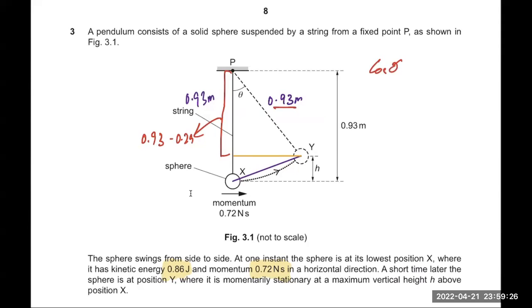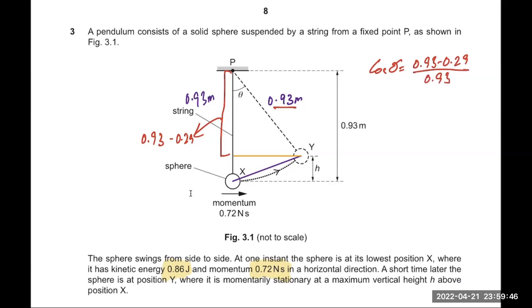Cos theta is equal to 0.93 minus 0.29, adjacent or base over the hypotenuse, which is 0.93.